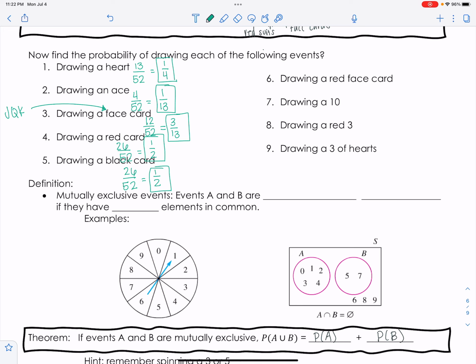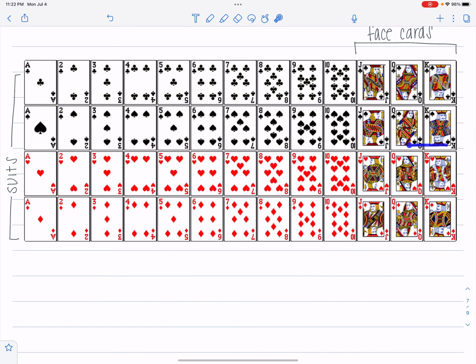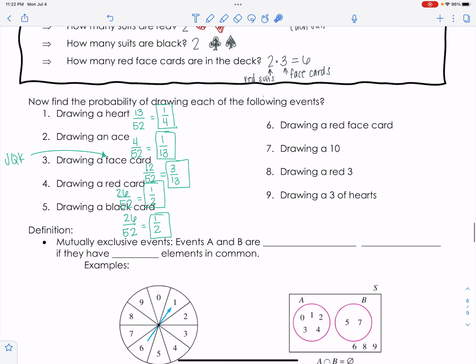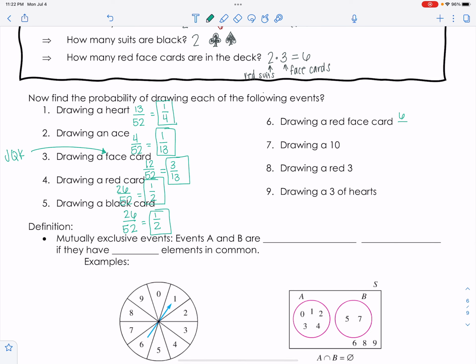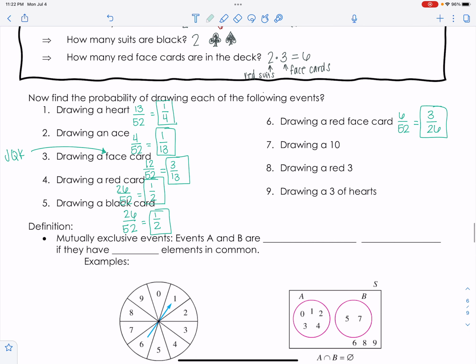Number 6, drawing a red face card. So drawing just a red face card, there's only going to be 6 of those out of a total of 52. And that's going to reduce down to 3 out of 26. Drawing a 10. Of the 10s, there's going to be 4 10s. Doesn't matter what color or anything, just a 10. 4 out of 52, which is going to reduce down to 1 out of 13.